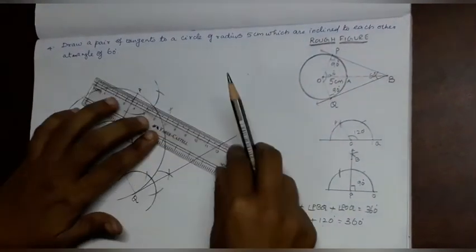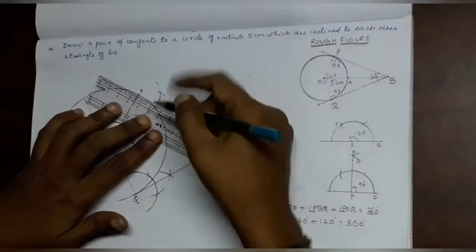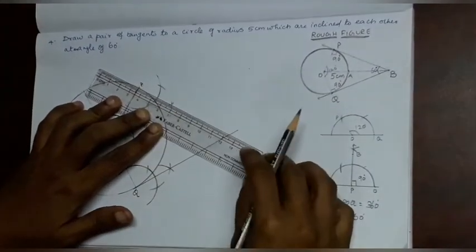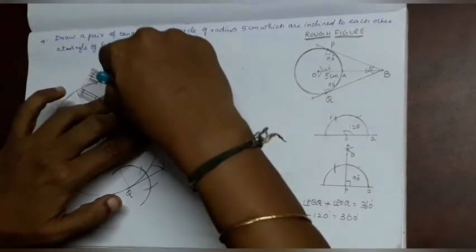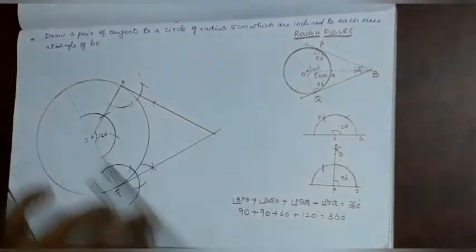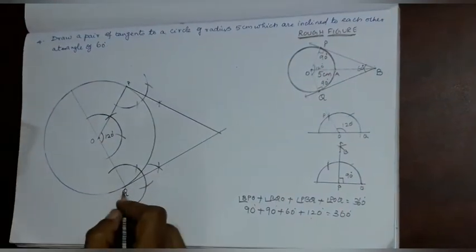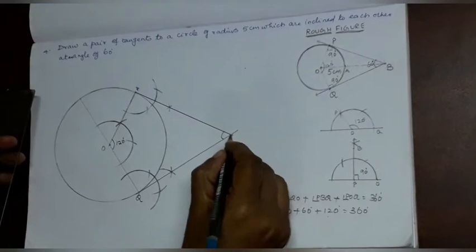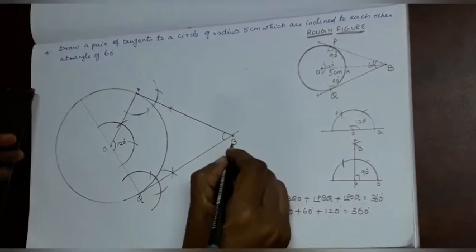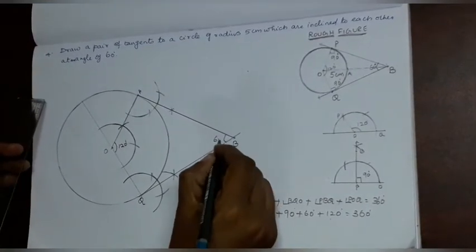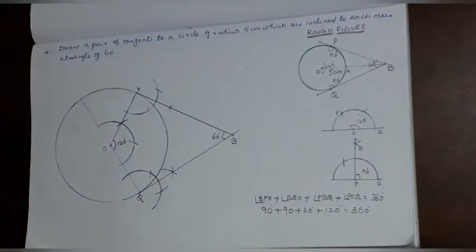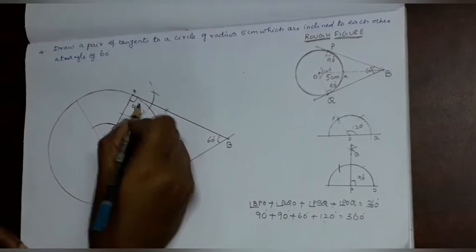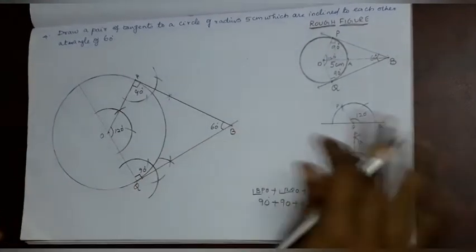Perpendicular means 90 degrees. Now just extend this perpendicular line till it meets the other perpendicular line. Mark the point as B, and this forms 60 degrees. See, I'll show. This is 90 degrees, this is 90 degrees, and this is 60 degrees.